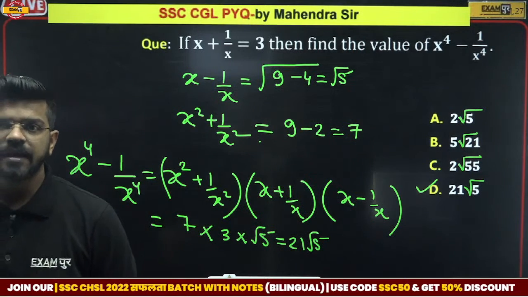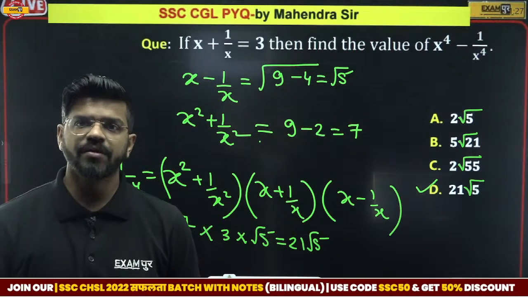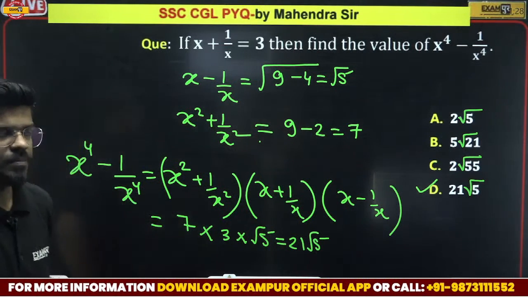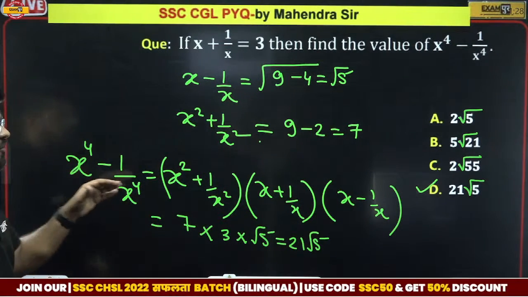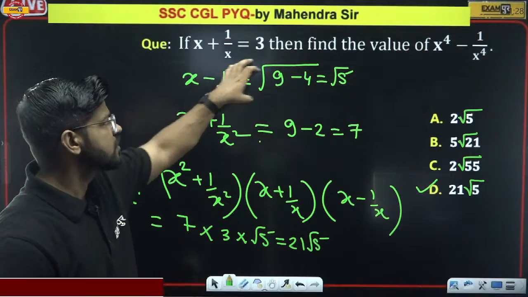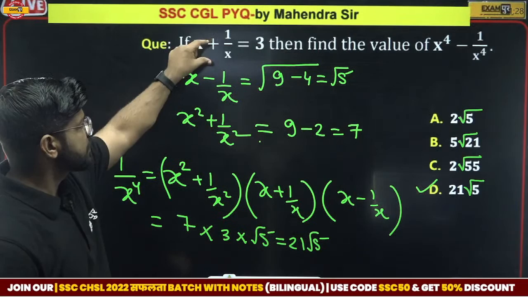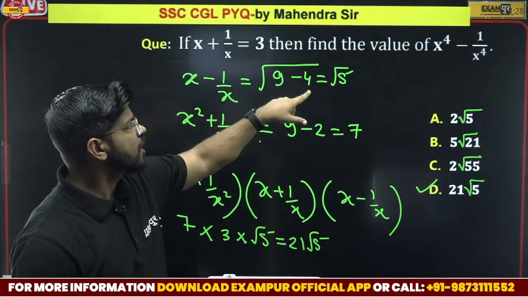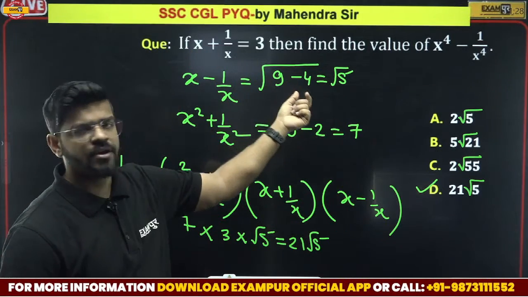Clear to everyone? Superb. So this is how we solve these types of questions. I already told you how to solve this. If we have a plus b, how to get a minus b? A square minus 4ab. ab is 1, so I wrote only 4 here.